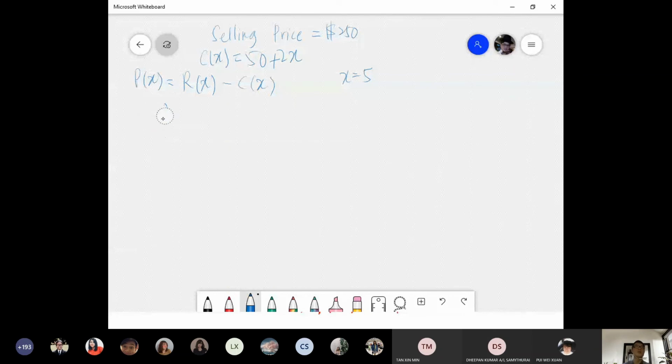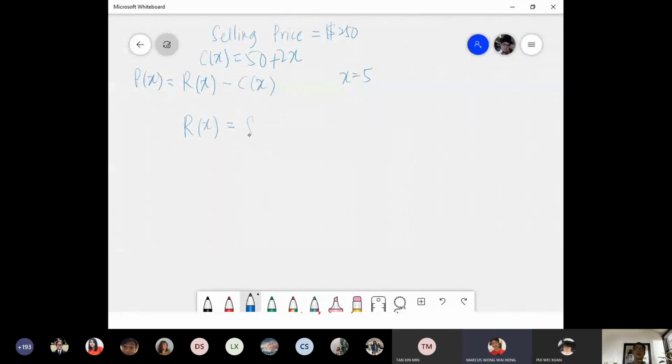So what do we need here? We have the cost function, but we do not have the revenue function. So we need to find the revenue function. Marcus, how do we find the revenue function? We take the selling price times x.